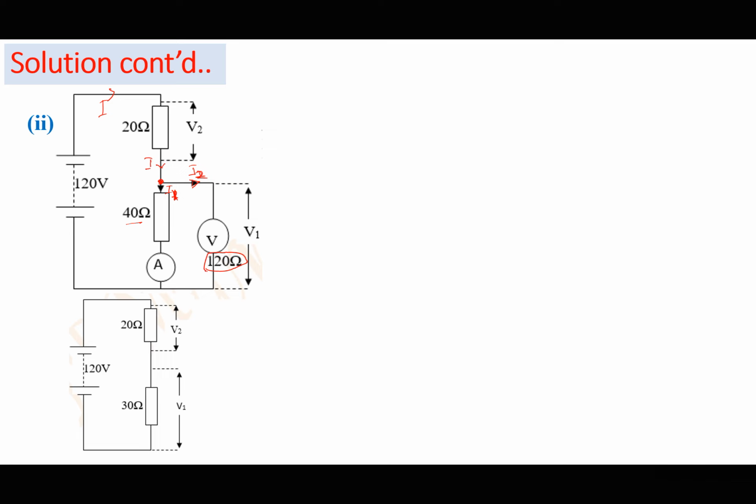Now these two, 40 ohms and 120 ohms, are like resistors in parallel. So we can find total resistance in parallel from product over the sum, because there are only two resistors in parallel.